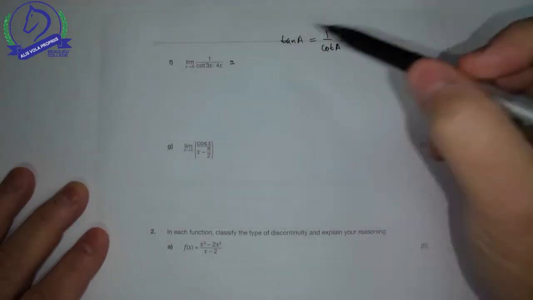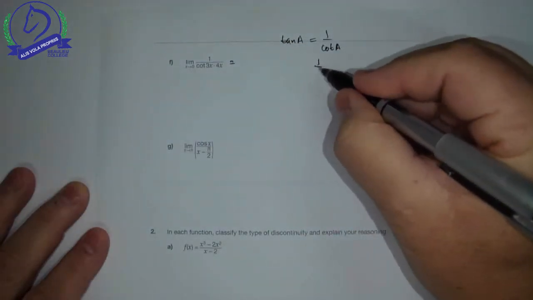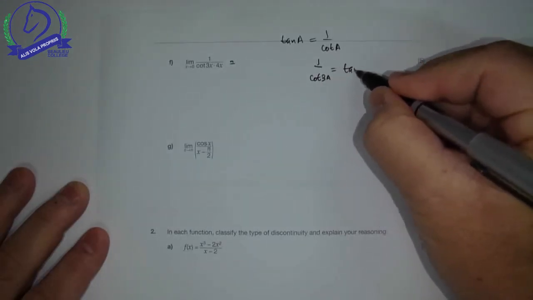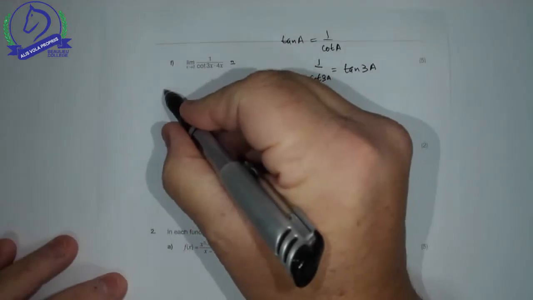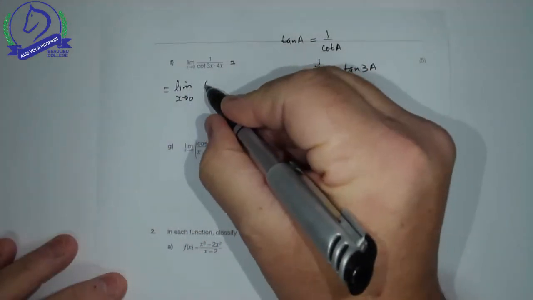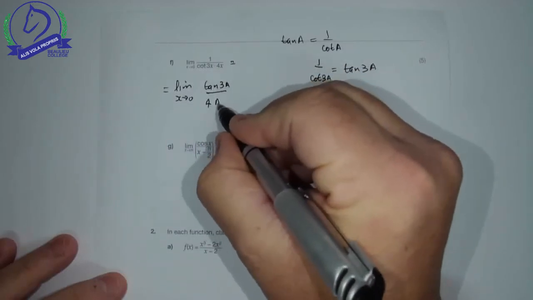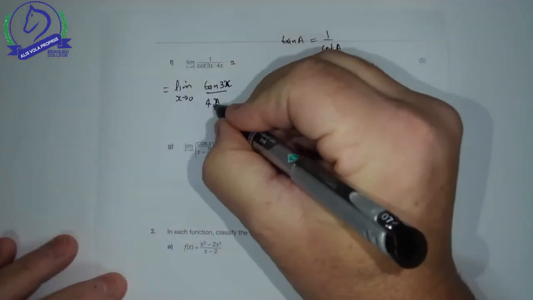So I could say that 1 over the cot of 3x is the same as the tan of 3x. Okay, so once I've got that, I can now rewrite this limit and say this is the limit when x tends to 0 of the tan of 3x over 4x.